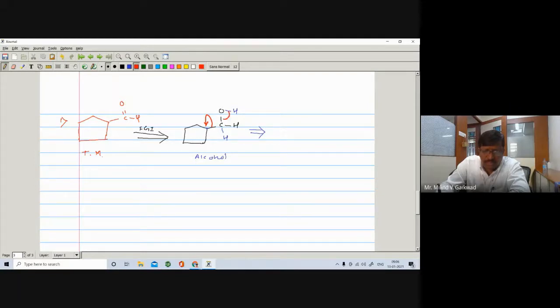So this sigma bond will shift here, and there is a formation of the corresponding H, C double bond O, H, called formaldehyde. In organic reactions, if possible, you have to write the names of all compounds. Don't write only the structure. You also have to write down its name below that one.